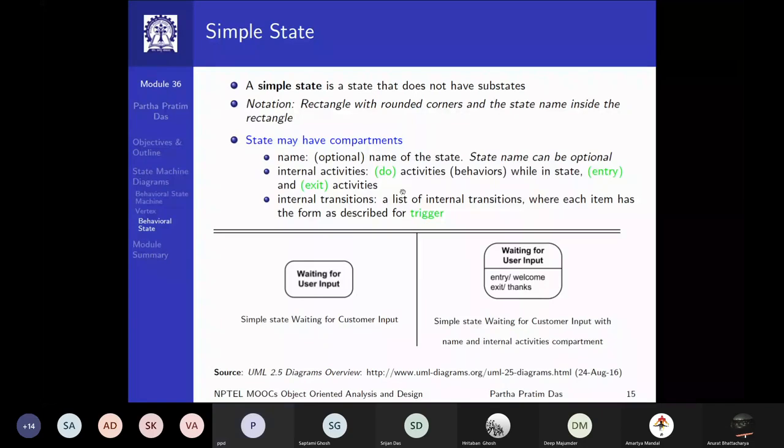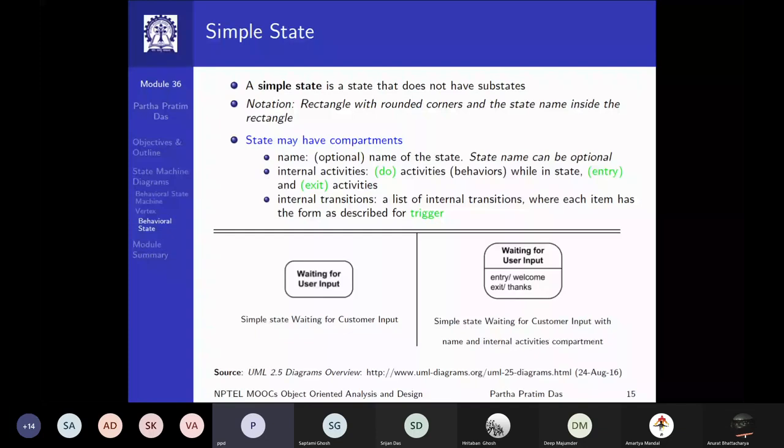Then there could be internal activities, that is the behavior, what you do while you are in the state. And additionally, there could be an entry activity, on what you do when you entered that state, or an exit activity, on what you do on getting out of that state.